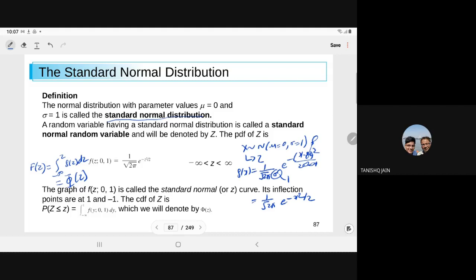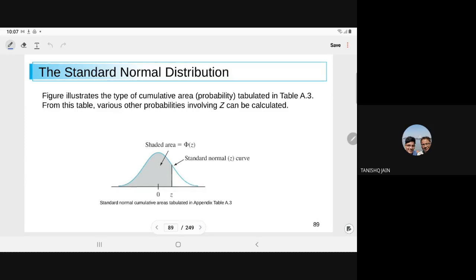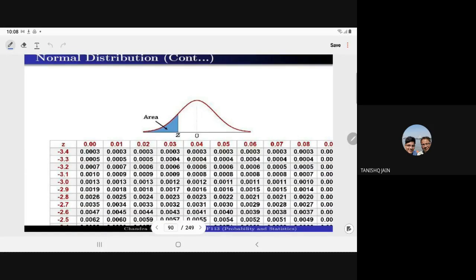So the CDF for the different values of z we can compute numerically, and we can write in a table for the different values of z. You know that the CDF represents the left side area. So here in this diagram, it is the shaded region. Here you can see for the different values of z, we have the following table.